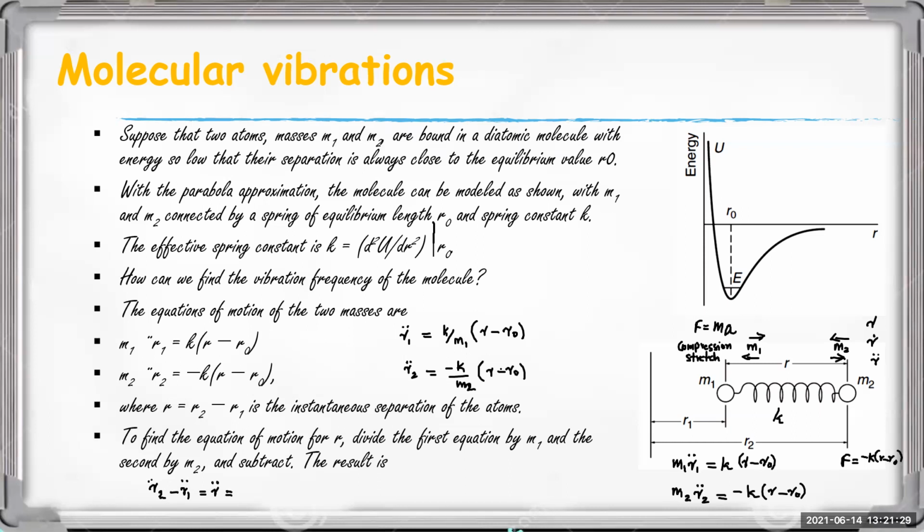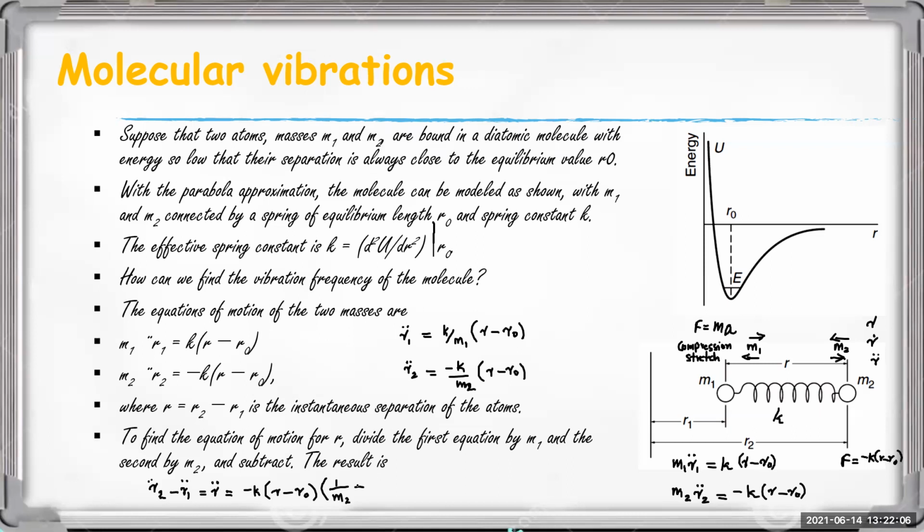Then we can take minus k outside of the equation, minus k into r minus r0, then the remaining one, 1 by m2.